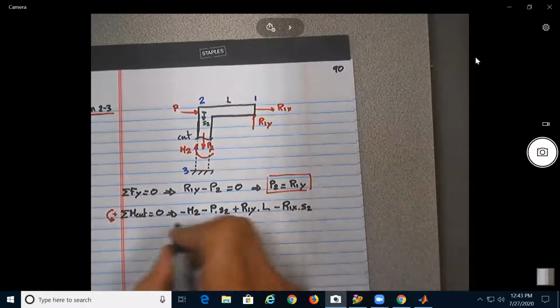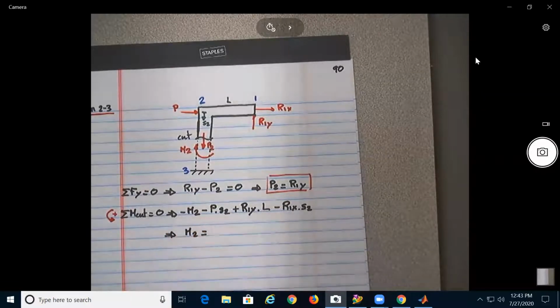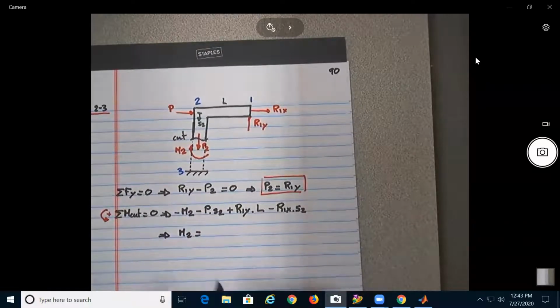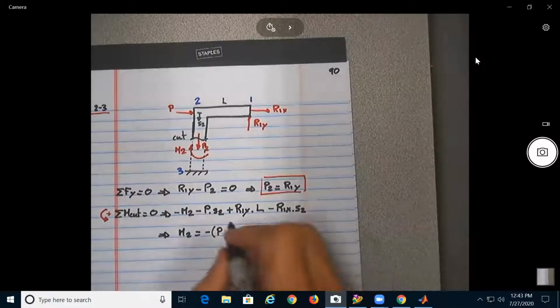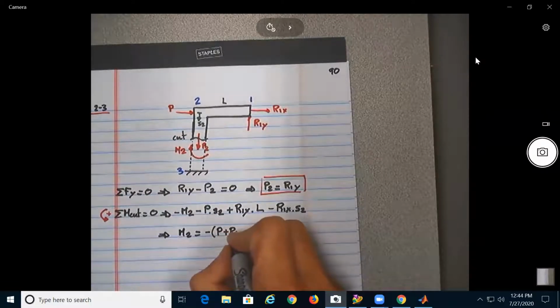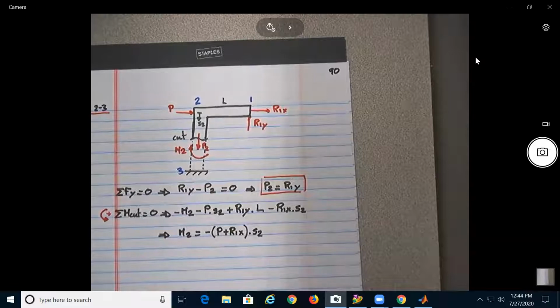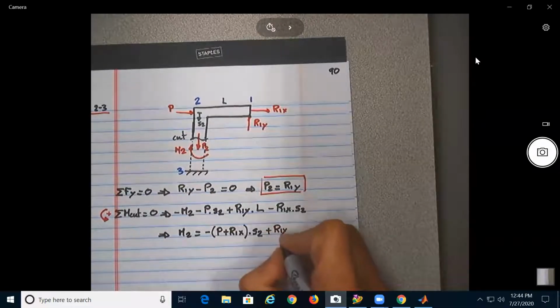Okay, so from here you find that M2 will be equal to what? I'm going to combine these two terms, so minus P plus R1X times S2, plus R1Y times L.